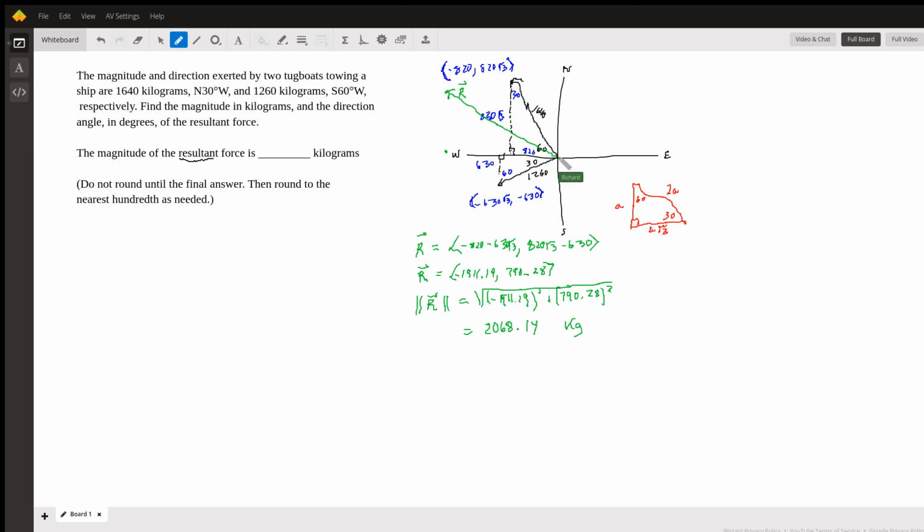And that's not surprising because they're both pulling westerly, and there is a little bit of a reduction in the size of the resultant because this one is pulling vertically more than the other one is pulling vertically, so they don't offset each other vertically that much.